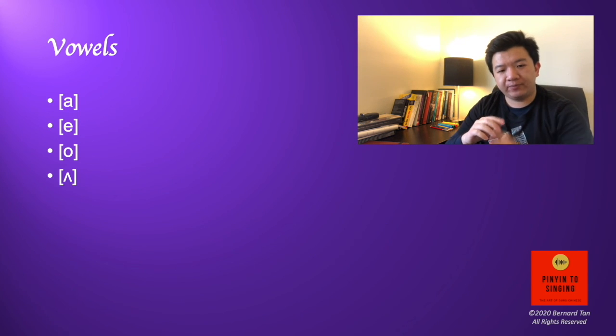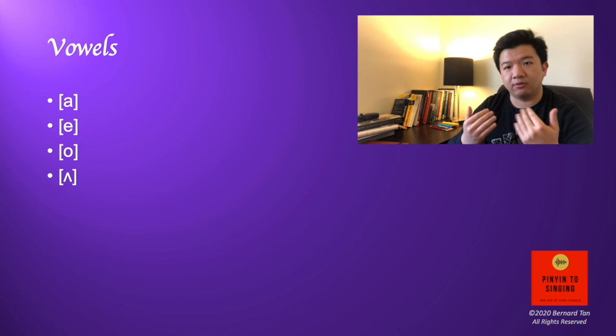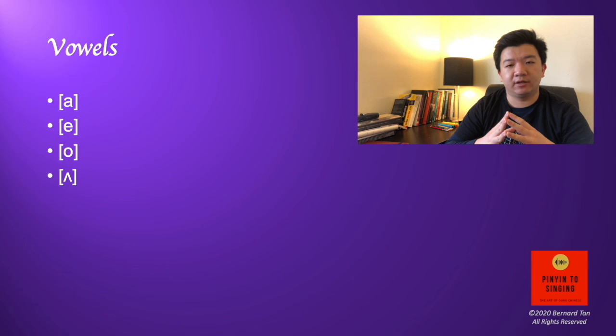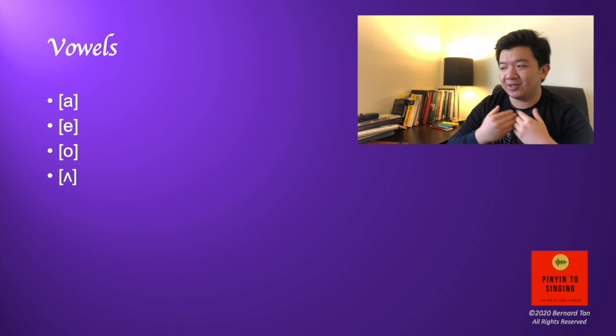The next one, this might look a little bit weird for many of us, but this is essentially coming from a schwa sound, and a schwa basically means a neutral vowel sound, which we find in English, especially when the syllables are not stressed. A very good example will be my own name.